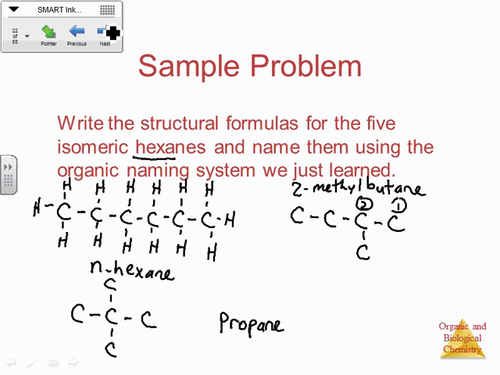And then we've got 2 methyl groups coming off of that second one. So this is actually called 2,2, ran out of room, dimethyl propane. There's supposed to be a dash there. 2,2-dimethyl propane, because these are both coming off of carbon number 2.